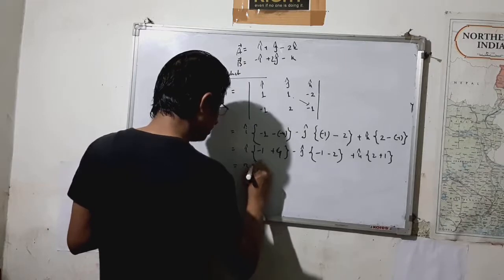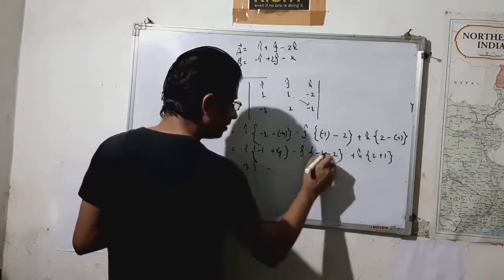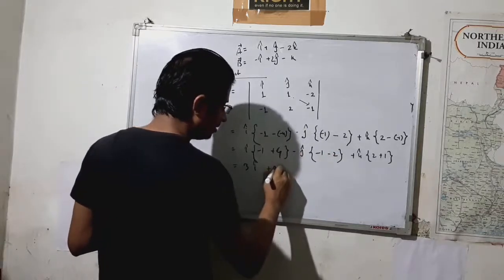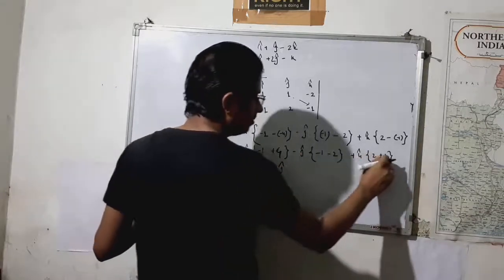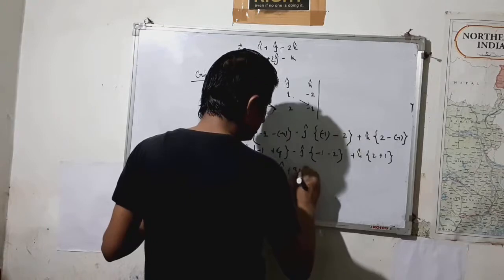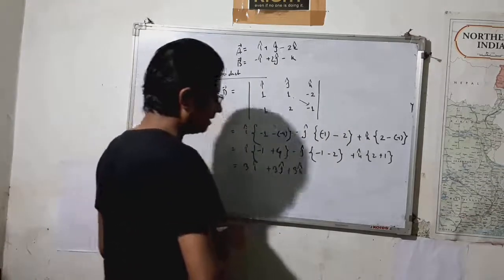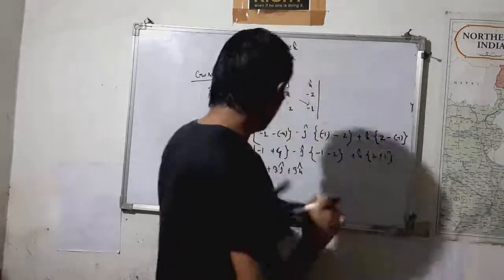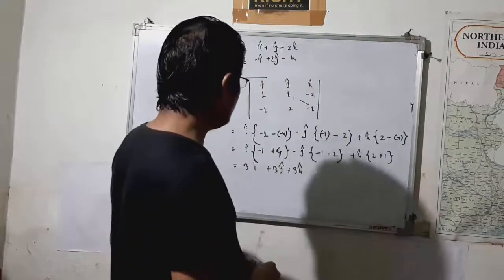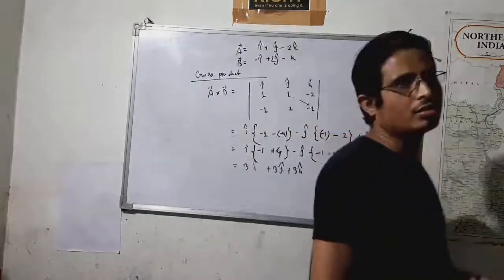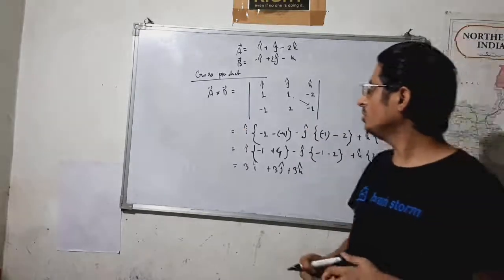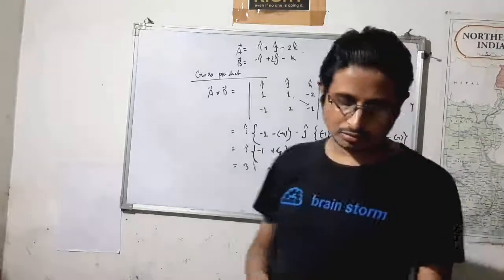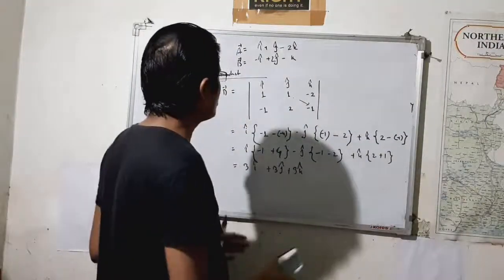So 3i plus 3j plus 3k. So in this way we can calculate the cross product of two vectors.